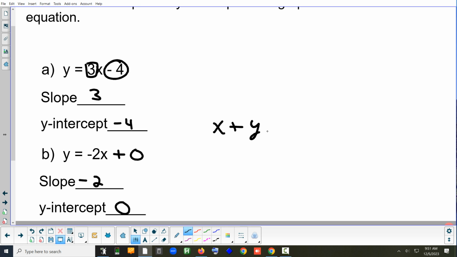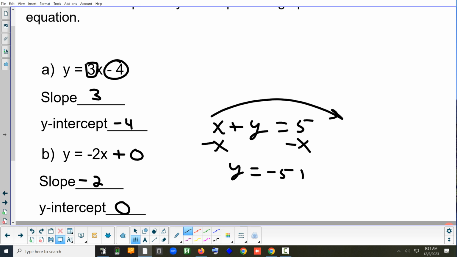Now, if I had that, what's a little weird about that one compared to this first one? X is first. Yeah, what do we usually like first? Y. We want this x on the other side. So the first thing we would have to do in this one is put that negative x on the right side.